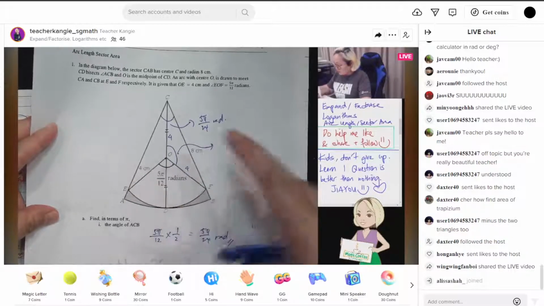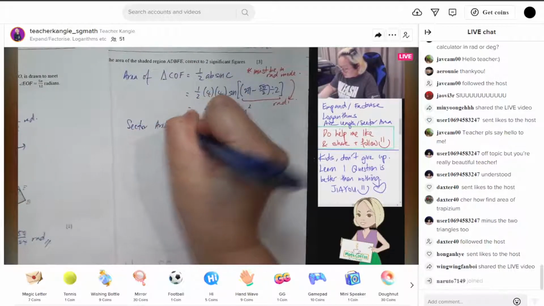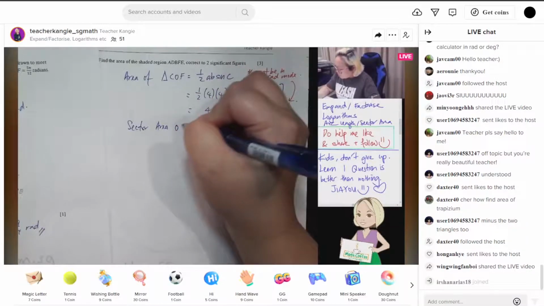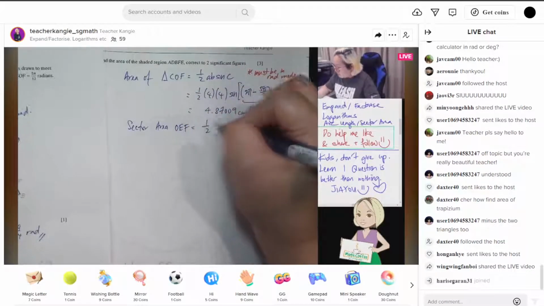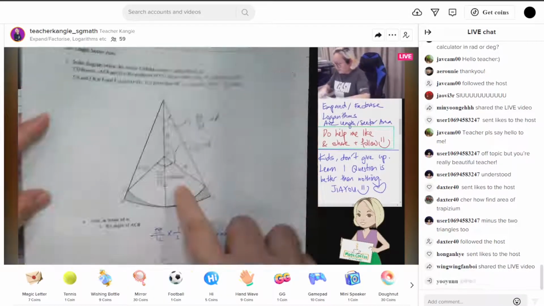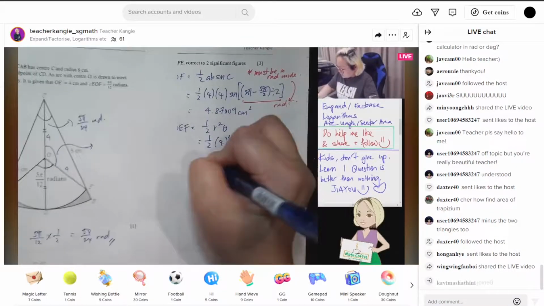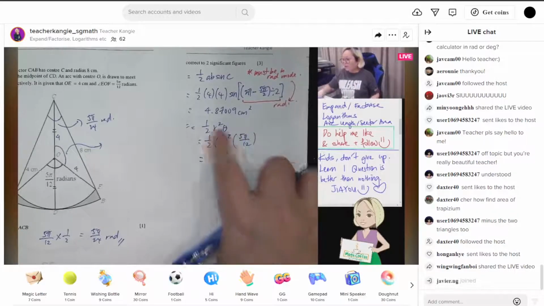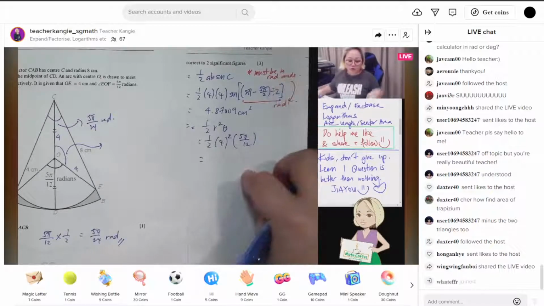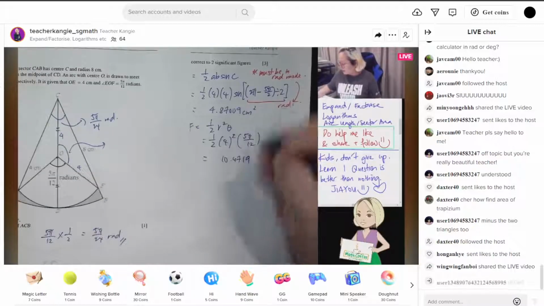So this is the area of sector OEF, half r squared theta. So it will be half times 4 squared times 5 pi over 12. And again, you press the calculator. This one doesn't matter whether in radian or degree mode. Just now we were in radian mode, but if you forget to change back it will not affect anything. So it will be 10.4719.